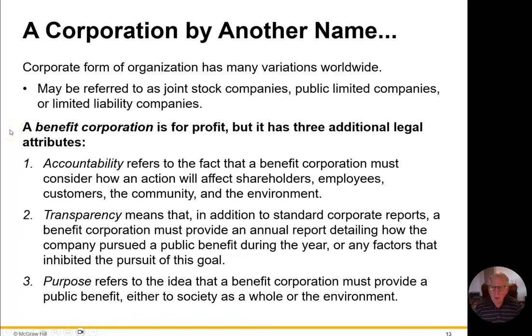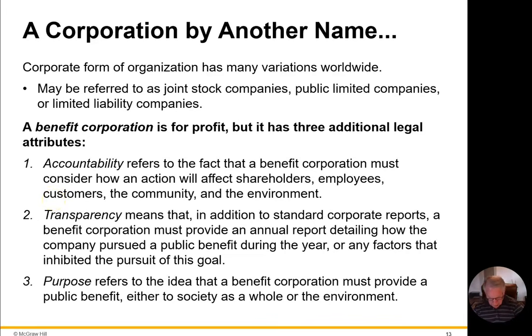A benefit corporation is for profit, but it has three additional legal attributes. One, accountability, referring to the fact that a benefit corporation must consider how its actions will affect stockholders, employees, customers, the community, and the environment.